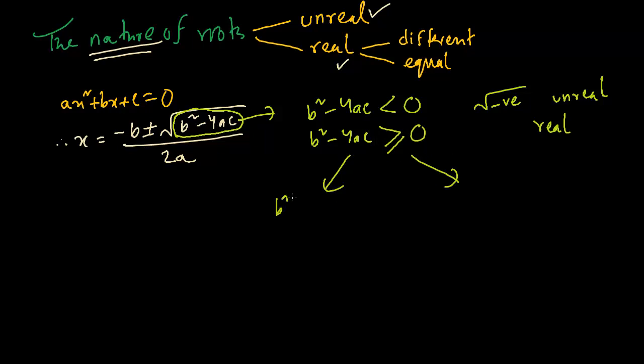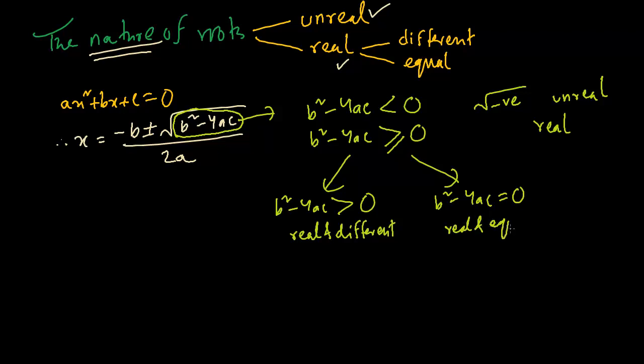It could be b squared minus 4ac positive, meaning greater than 0. So that means it would be definitely real, and it would be different. There would be two different roots. If b squared minus 4ac is equal to 0, then it would be real and the roots would be equal to each other, that we have seen before.